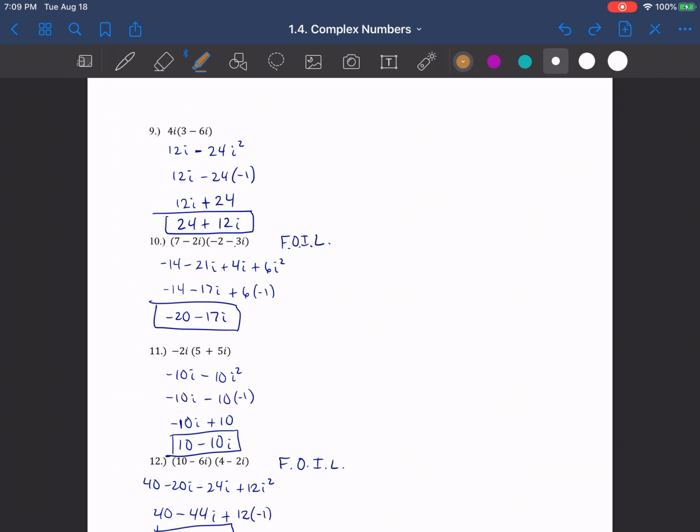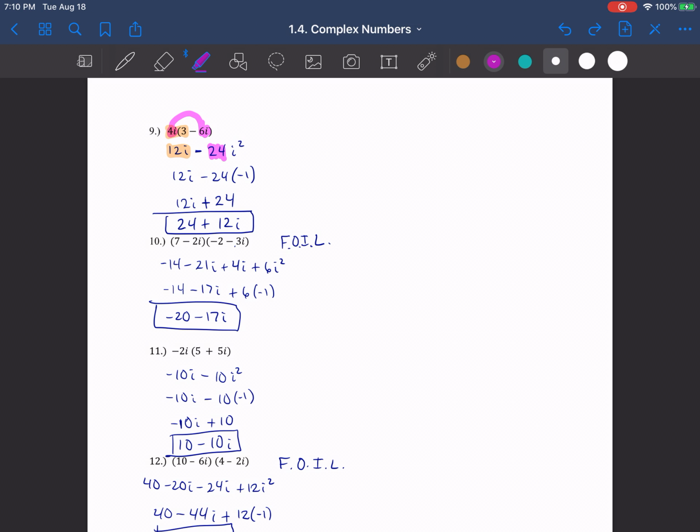Here are some more ones to try. Here we're just simply distributing that 4i through, and so you get 4i times 3. Do that first. 4i times 3, that gives us this 12i right there. And then we're going to get 4i times negative 6i. So 4 times 6 is 24. And then carry that negative sign down. And then you have i times i is i squared.